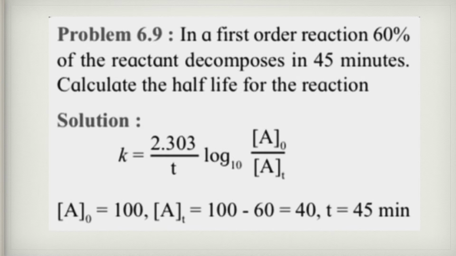So to find out K, they have given some data in this question, that is 60% of the reactant decomposes in 45 minutes. By using this data, we have to first find out K, and once K is known to us, directly we'll substitute in the equation T half is equal to 0.693 upon K, and I'll get the answer of T half.